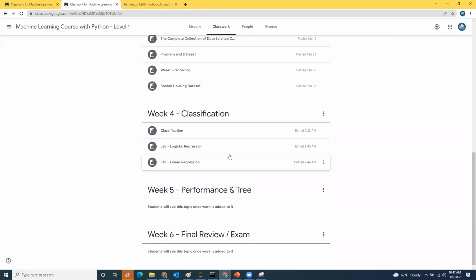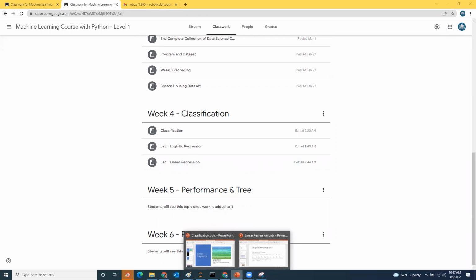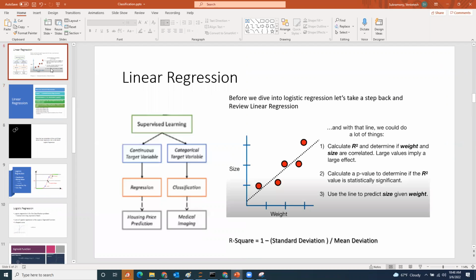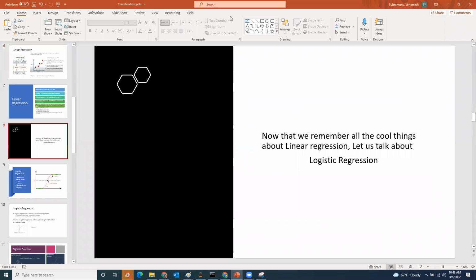So that is the linear regression. So we are moving into logistic regression. Does anybody have any question? Supervised learning, continuous target variable, linear regression, we did the housing price prediction. Now we are going to the classification. Can I move to the next? Give me a thumbs up.